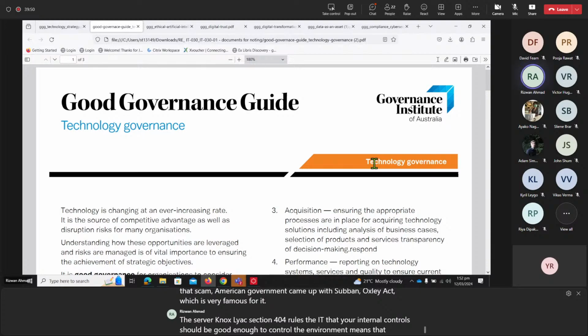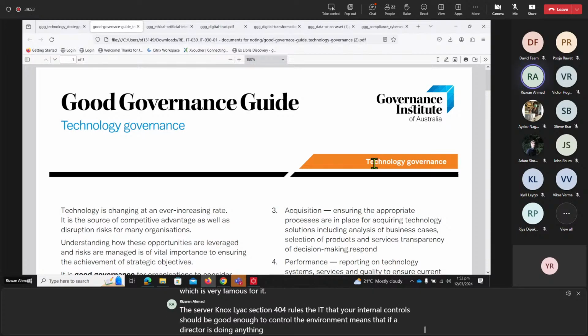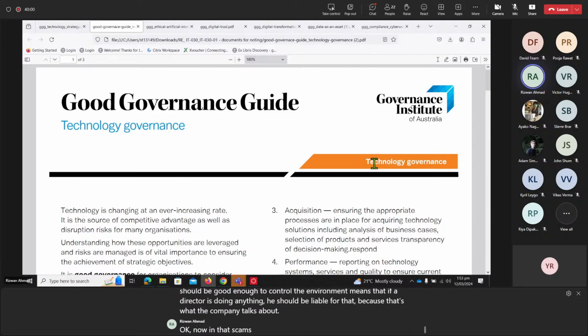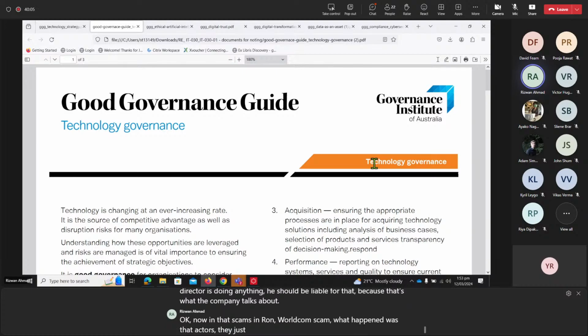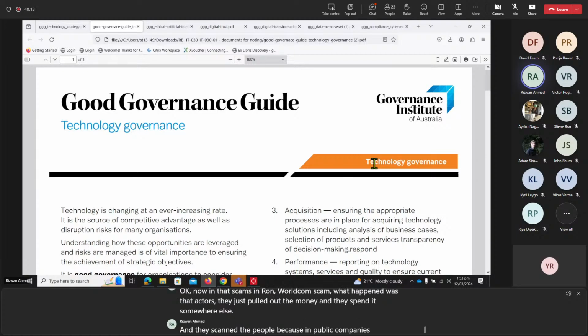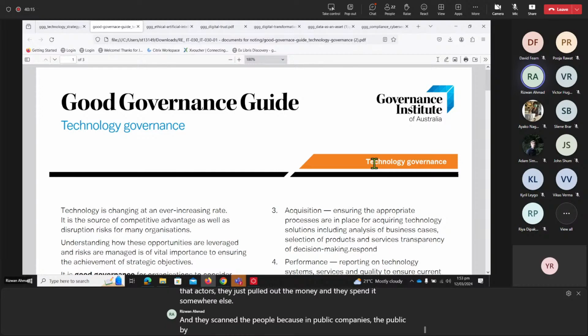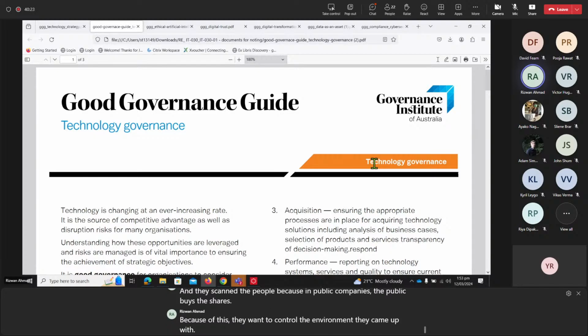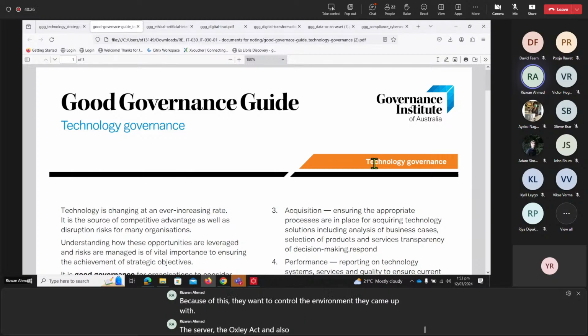It means that if a director is doing anything, he should be liable for it. In the WorldCom scam, the directors pulled out the money and spent it somewhere else, and they scammed the people, because in public companies the public buys the shares. Because of this, they wanted to control the environment. They came up with the Sarbanes-Oxley Act, and IT governance also germinated.